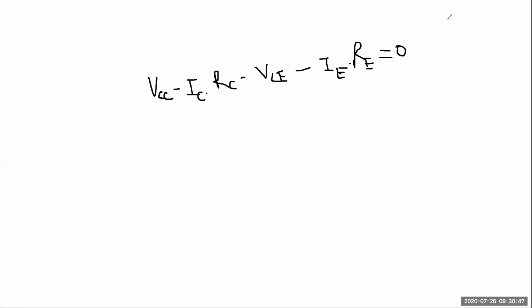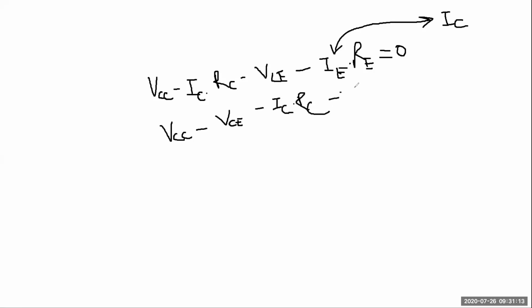In place of IE, can we write IC? Because IE and IC, they are actually the same, right? Almost. I told you earlier, they are almost the same. So can I write IC? Okay. So VCC minus VCE minus IC into RC minus IC into RE equal to 0. I'm going to take IC common from here.